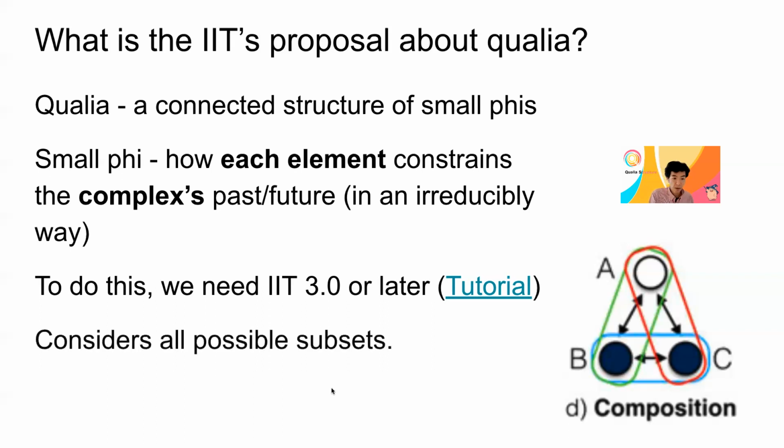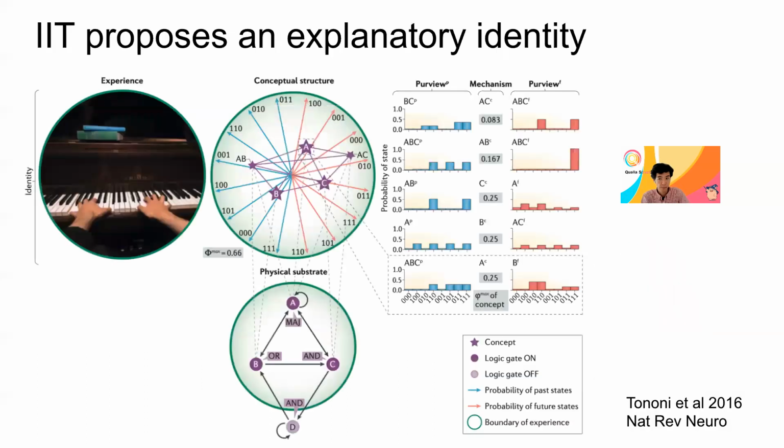Anyway, considering all the possible subsets, we can start to build how this integrated information that constrains future and past is related, and that can be quite a good candidate for the physical substrate of the compositional structure of the experience.